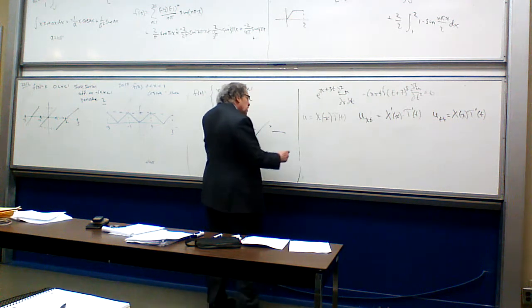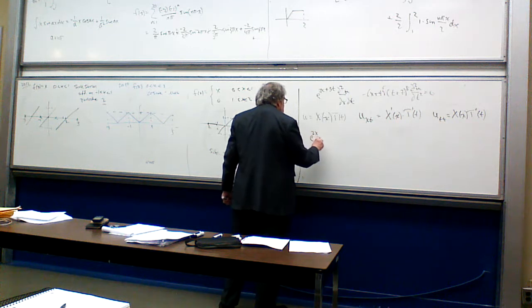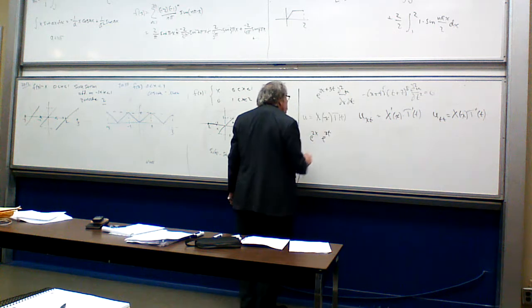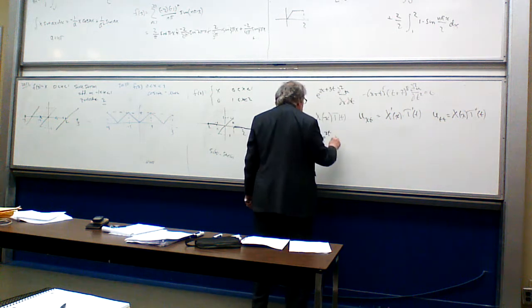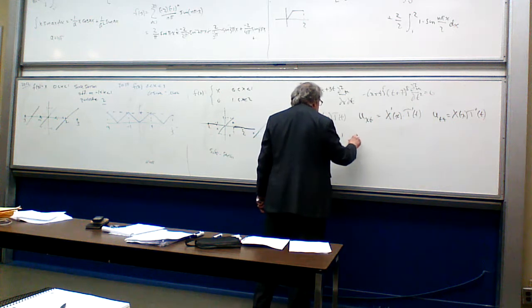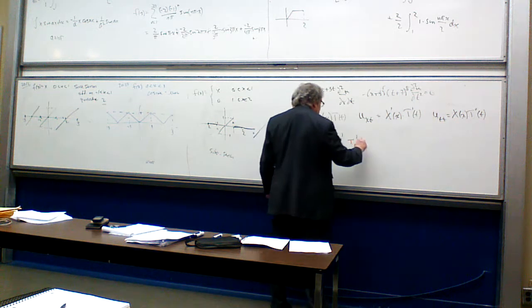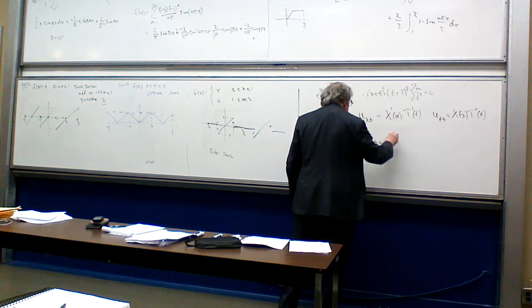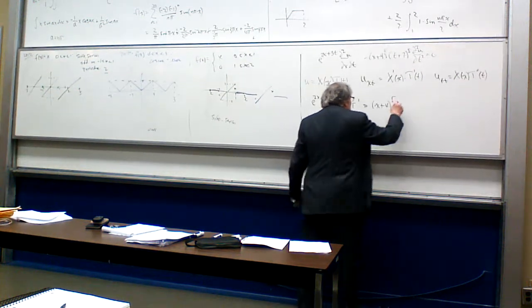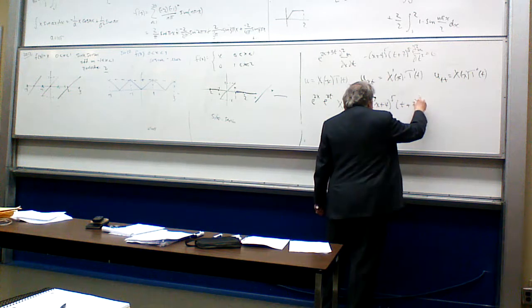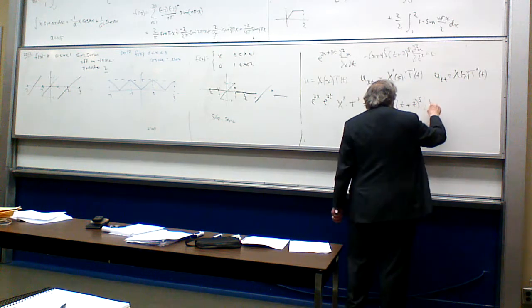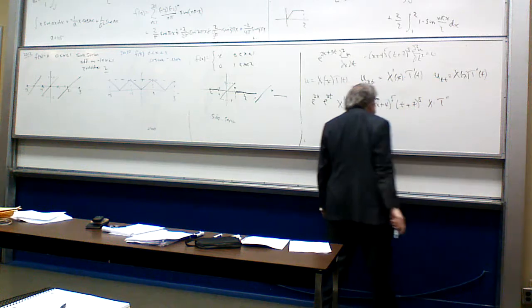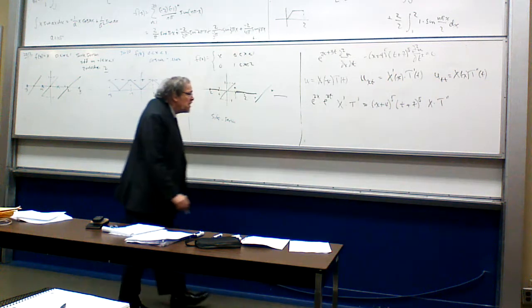Exponential of a sum, that's e to the 2x times e to the 3t. The function here, x prime times t prime. On the other side, x plus 4 to the 5th, t plus 7 to the 8th, x times t, second derivative.